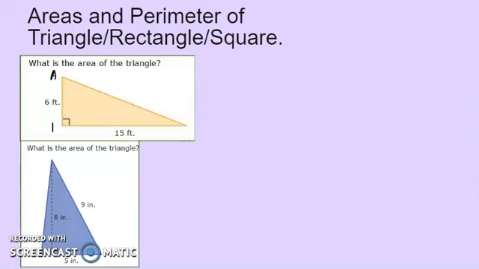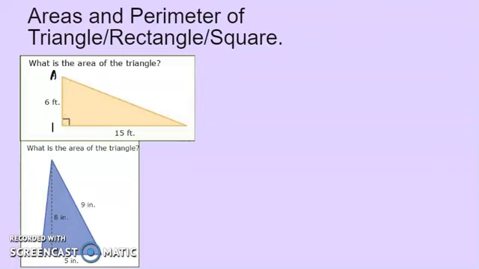The area of a triangle, the formula is area equal to half times base times height. B stands for base and H stands for height. Base you already know, on which the whole triangle is standing. That is called base.